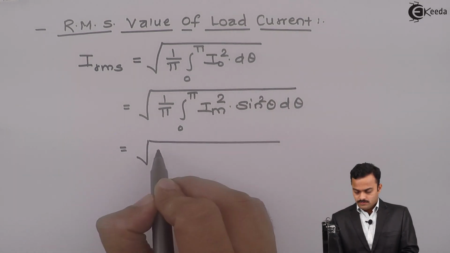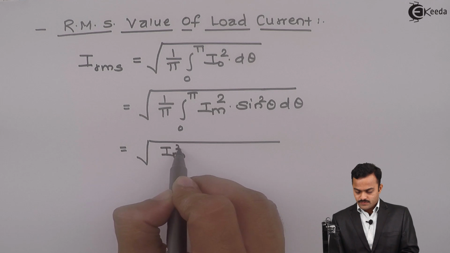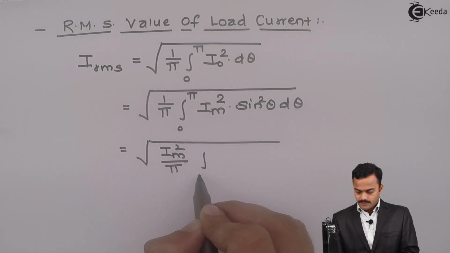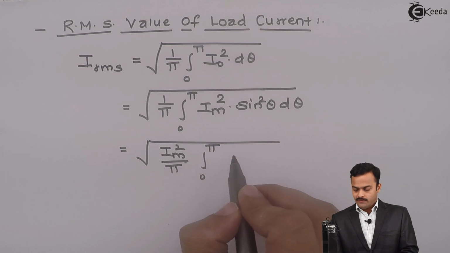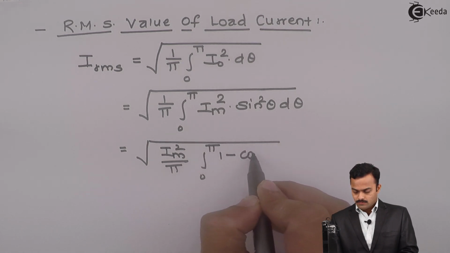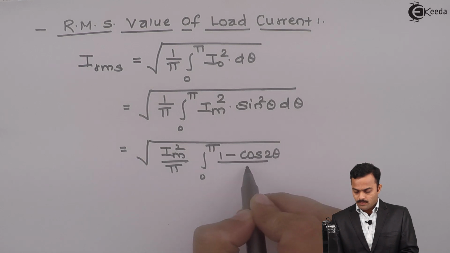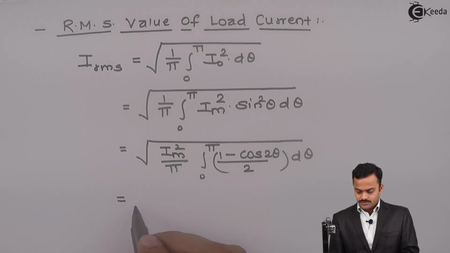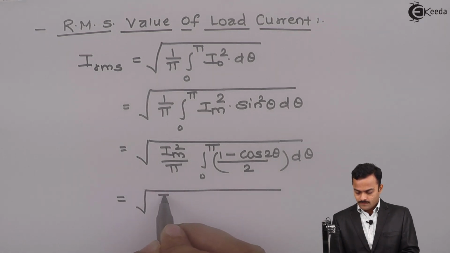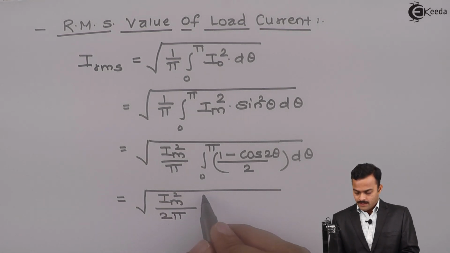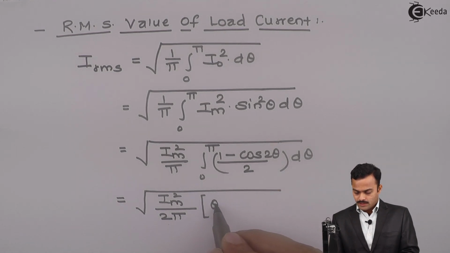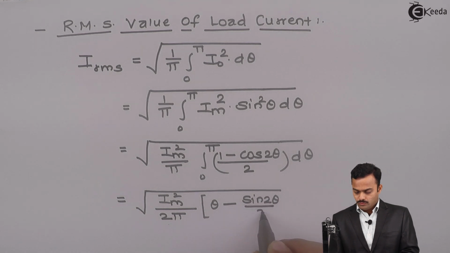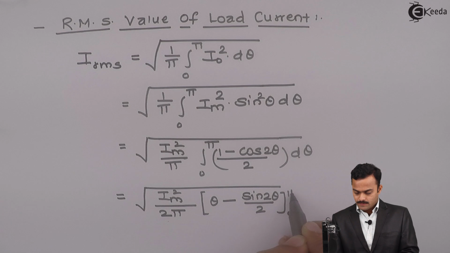So this is equal to root of Im square upon pi integral 0 to pi, sin square theta I will write as 1 minus cos 2 theta upon 2 d theta. Further solving will give me root of Im square upon 2 pi, and integral of 1 is theta, integral of cos 2 theta is sin 2 theta divided by 2, limits are 0 and pi.